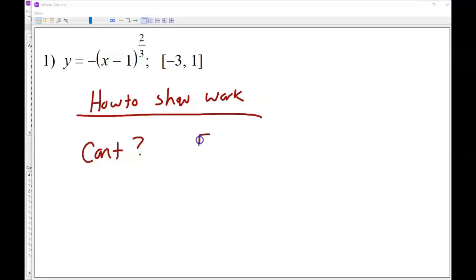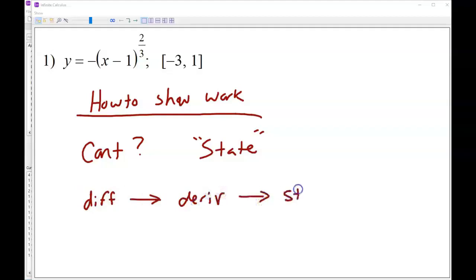You just needed to state the fact. Just make the statement that yes, it's continuous on the interval because it's right on the worksheet there. For the differentiability, I would expect to see a derivative. And then I would expect to see the statement.